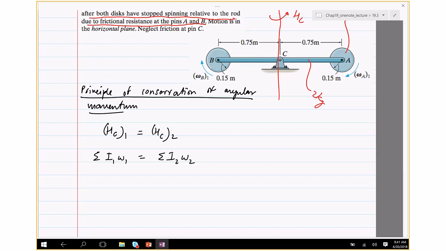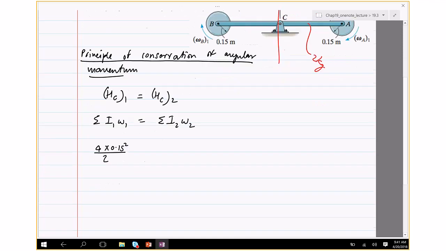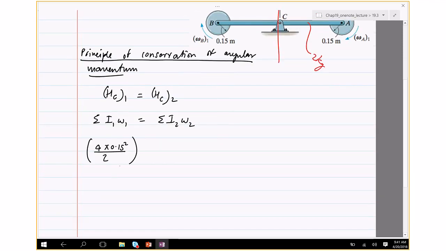Okay, so let's start with the first instance when only the disks are spinning. So we have 4 kg disks. Their radius is 0.15. So mass times r squared, but since it's a disk, the inertia is mr squared divided by 2.